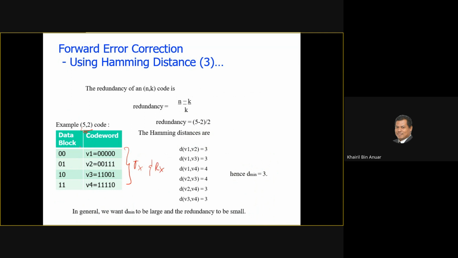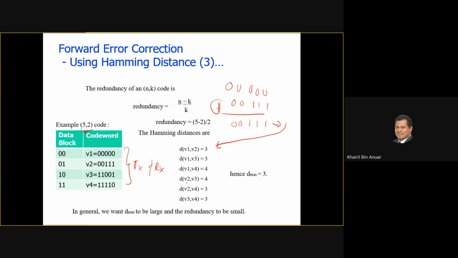With respect to that, you have to compare V1 and V2. So 0, 0, 0, 0, 0 and 0, 0, 1, 1, 1. You do XOR of this, so you get 1, 1, 1, 0, 0. So with respect to this, you know that this is a 3.